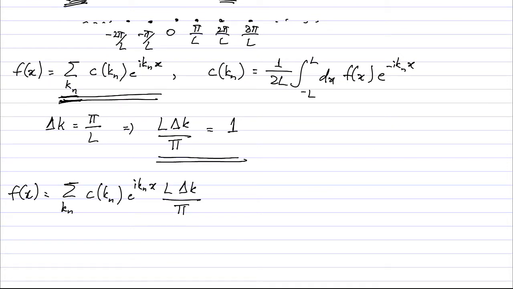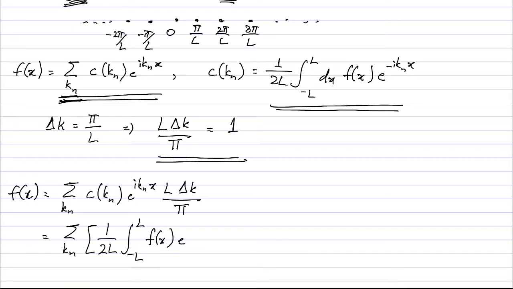Then I can write this as a sum over k_n, and for c of k_n I replace this thing. So I have 1 over 2L, the integral from minus L to L of f of x e raised to minus i k_n x dx, e raised to the power i k_n x, L delta k over pi.